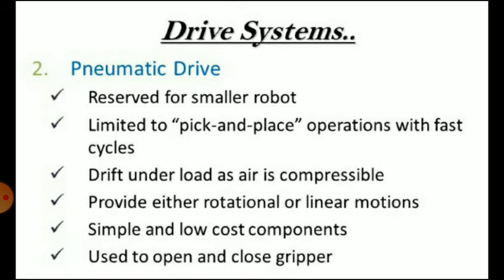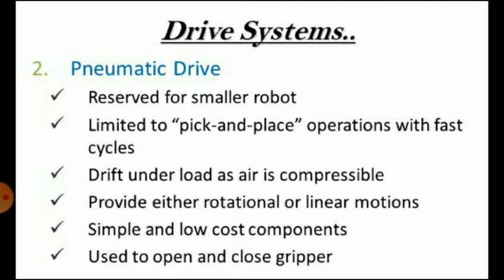Pneumatic drive is generally reserved for small robots that possess fewer degrees of freedom, that is 2 to 4 joint motions. These robots are often limited to simple pick and place operations with fast cycles.